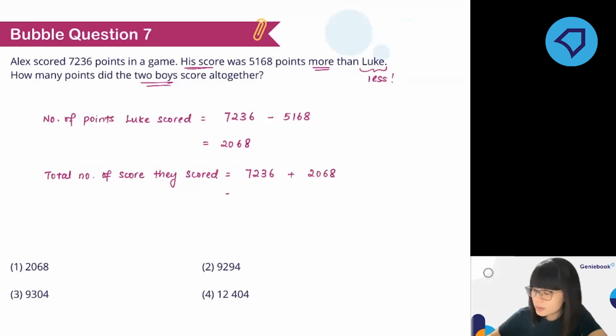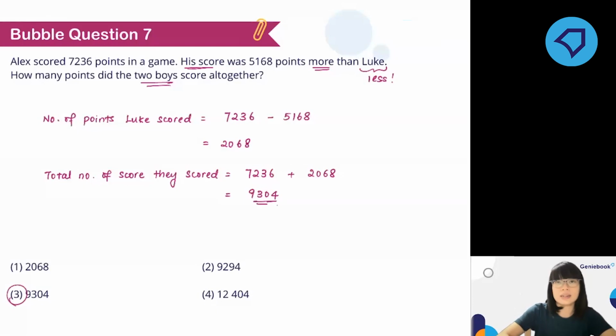All right. So then what do you get? Yes, 9,304. Ta-da. So the answer would be option number 3. Any questions so far? Can all of you follow? Easy?